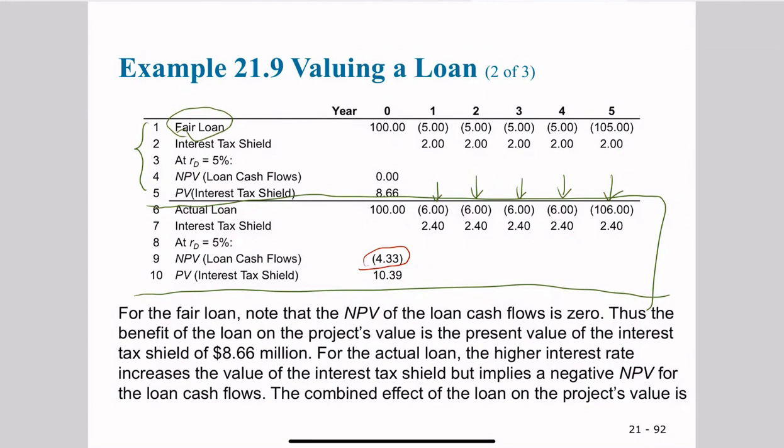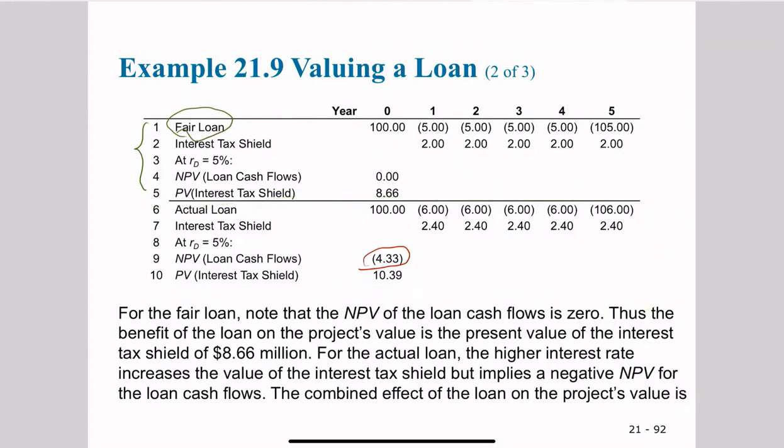Well, to get this, you would discount these cash flows at 5% discount factor. And this will give you $4.33 million. And you can see that this is a negative number, right? This is a negative number. The reason is because there is underpricing in the debt.